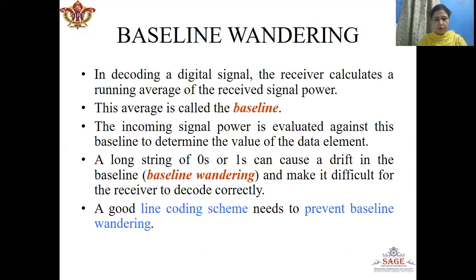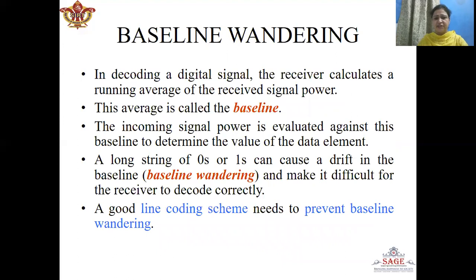Now, before going into the details of line encoding, we should know what baseline wandering is. In decoding a digital signal, the receiver calculates a running average of the received signal power, and this average is called the baseline. The incoming signal power is always evaluated against this baseline to determine the value of the data element.